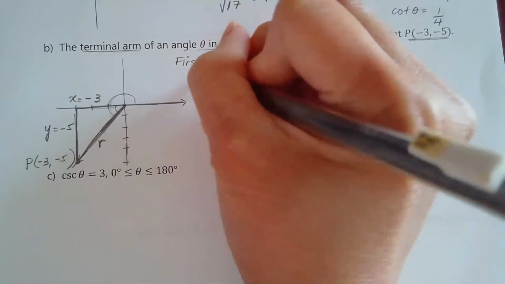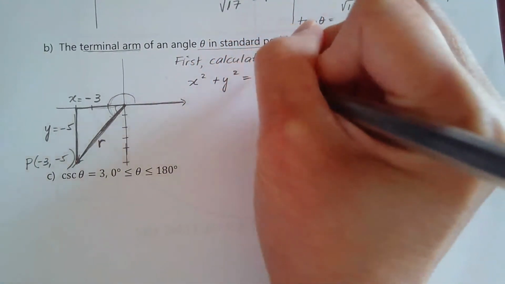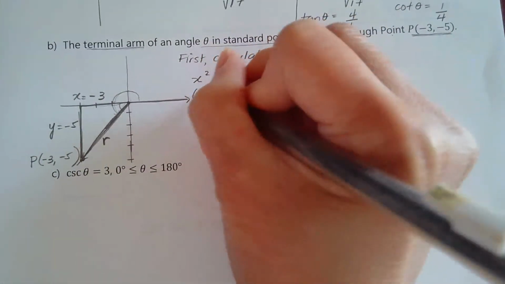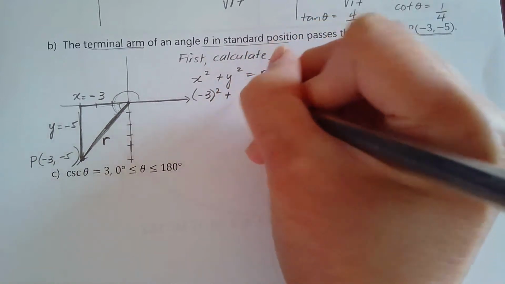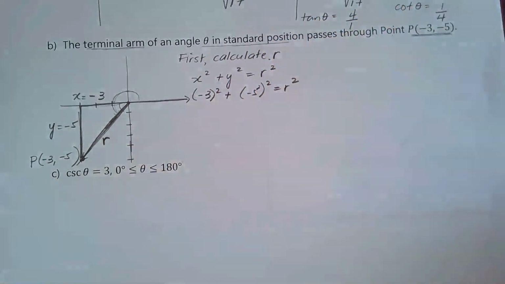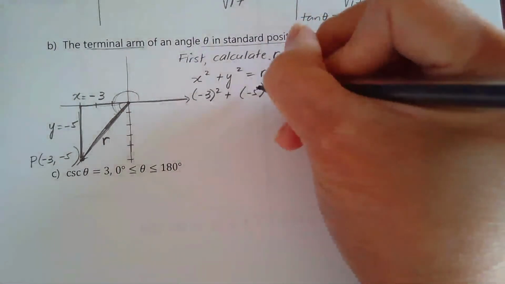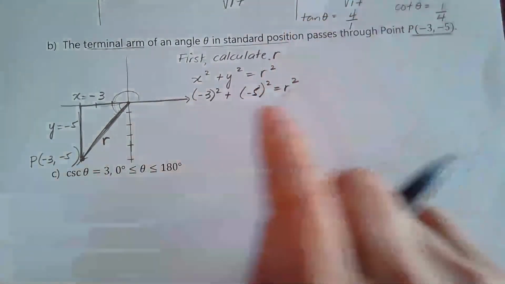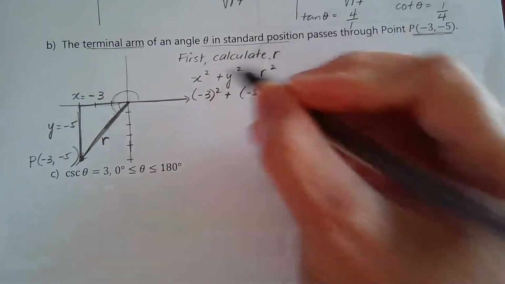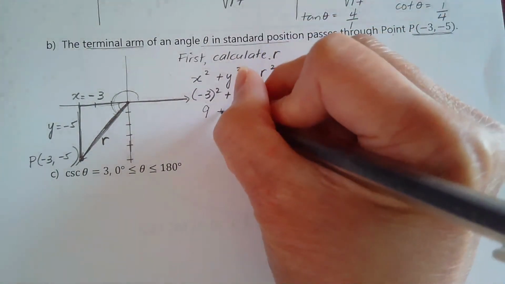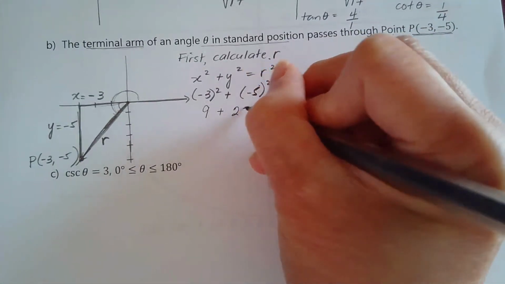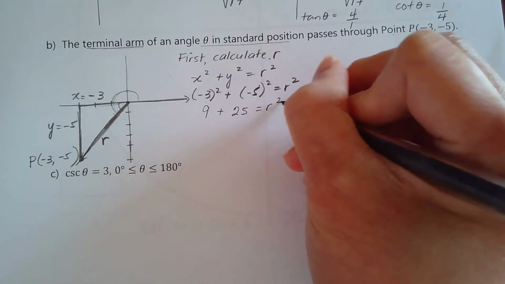Okay, so how do we calculate r? Well, it's x squared plus y squared equals r squared. So negative 3 squared plus negative 5 squared equals r squared. I am absolutely sure you know what we're doing here. Negative 3 squared gives us 9, plus negative 5 squared gives us 25, equals r squared.